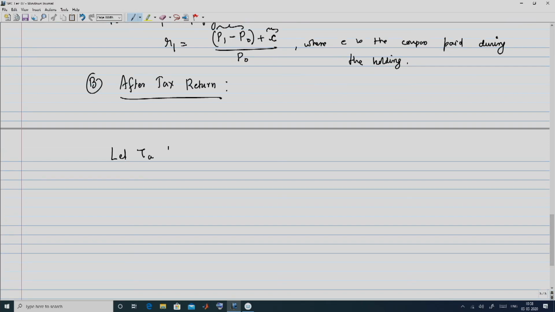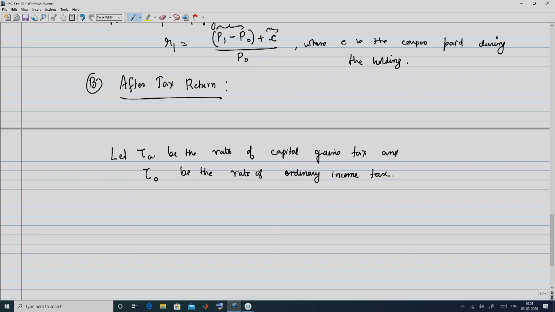Let tau A be the rate of capital gains tax and tau O be the rate of ordinary income tax. So, this means that tau G that you have here.